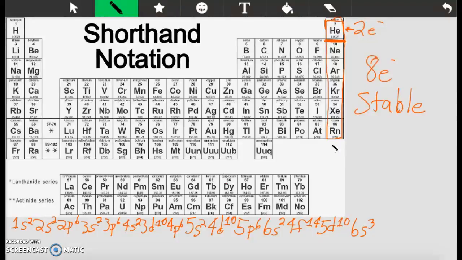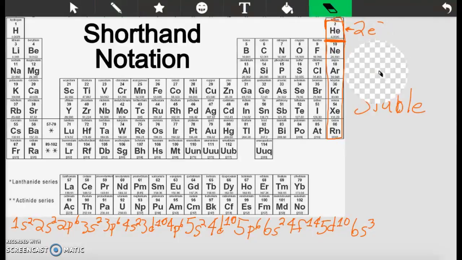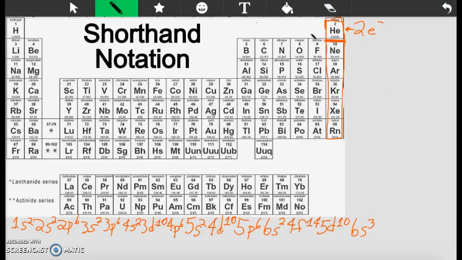Okay, so back to our shorthand notation. In the periodic table, these noble gases, the configuration for neon, let's clear up some space. Neon is 2p6, argon 3p6, krypton 4p6, xenon is 5p6, and finally radon is 6p6.